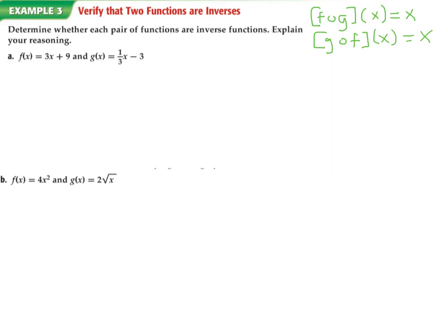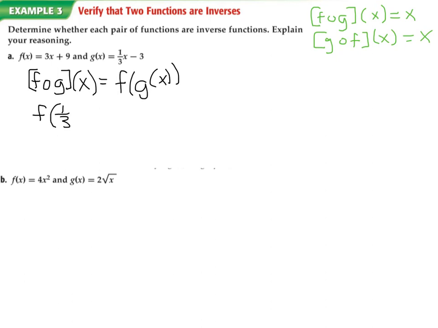Looking at example A, we have f of x equals 3x plus 9, and g of x equals 1/3 x minus 3. So let's look at f of g of x. We're going to have f of 1/3 x minus 3, because we're plugging in g of x.